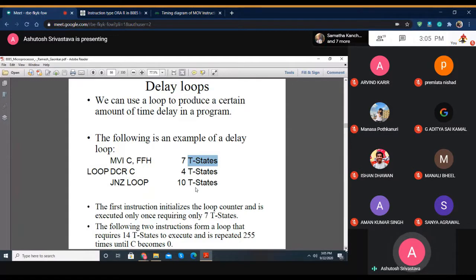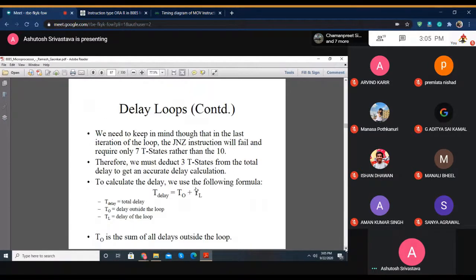So you can introduce a loop or vice versa. When you are executing these loops, there is a delay that is introduced. So in the very last, I think this is very important.